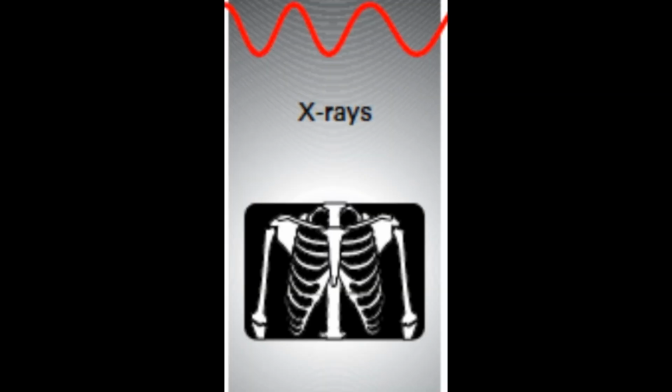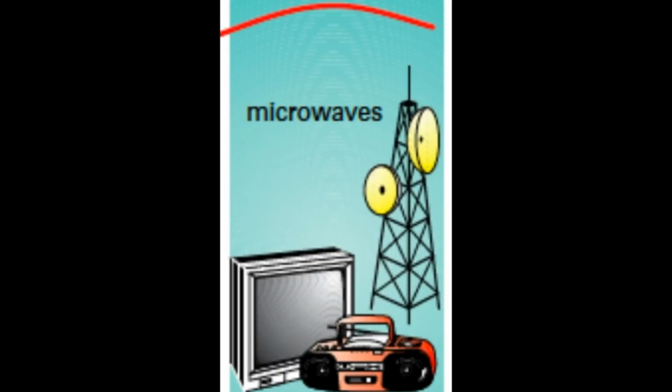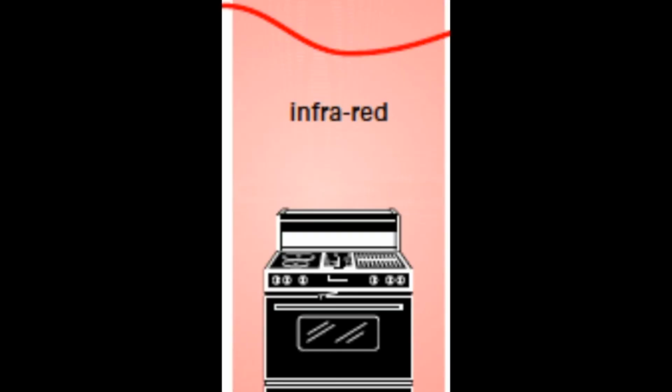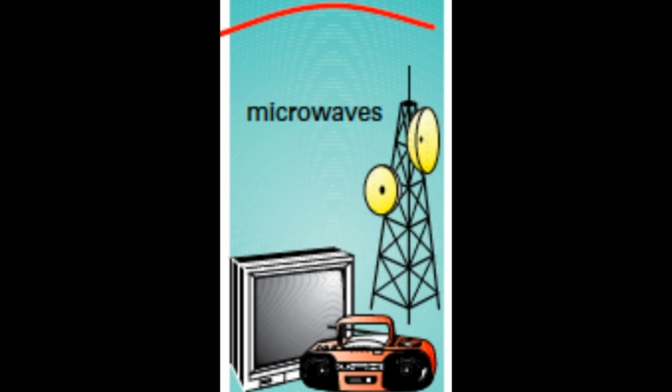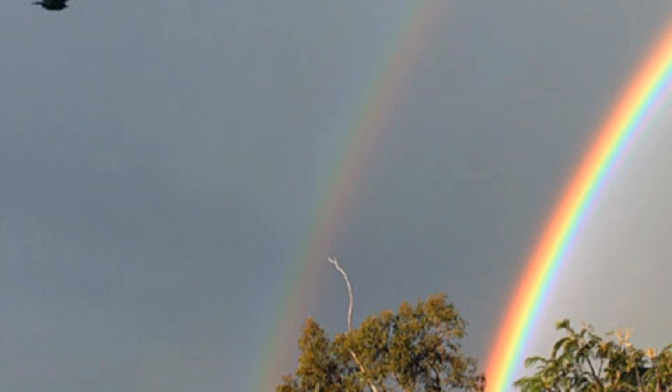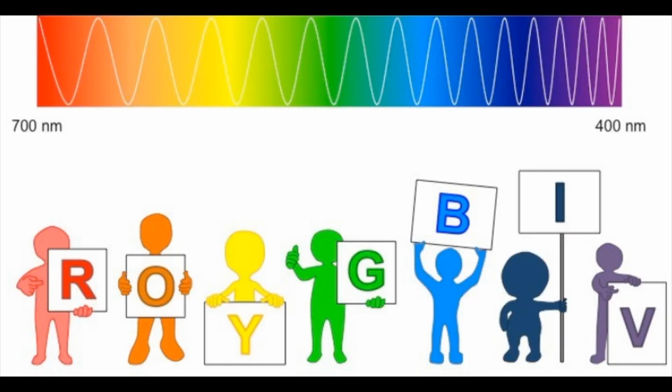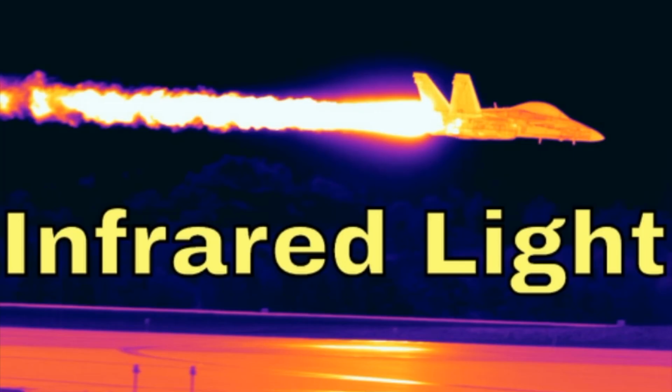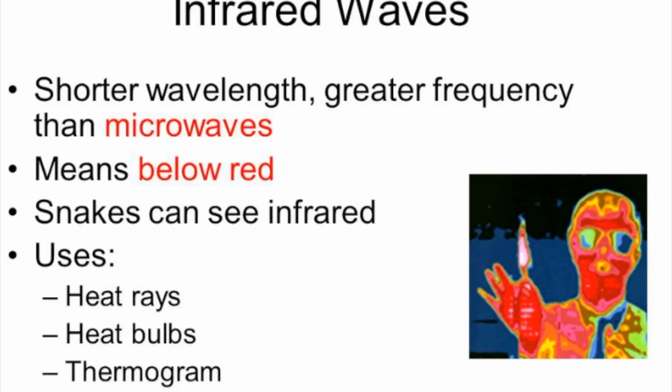Gamma rays, X-rays, ultraviolet, visible, infrared, microwave, radio waves. All of the invisible is easily detected. Just open up your eyes and you'll see it. You need infrared sight for seeing things at night. My remote control is working by heat.